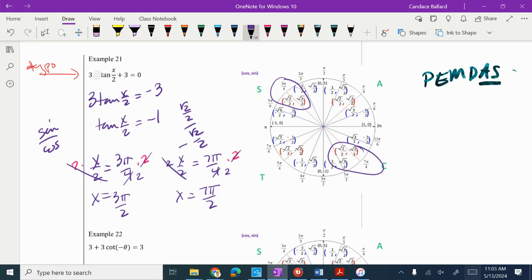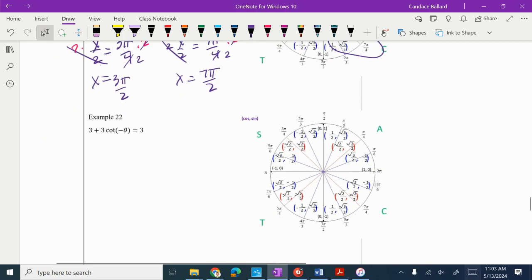All right. I want everybody to take a minute, see how far you can get with 22 on your own. Go beginning to end. At the least, you should be able to isolate cotangent, right?